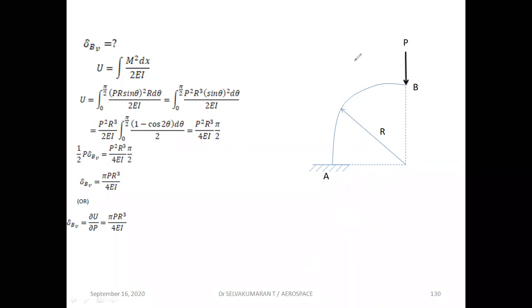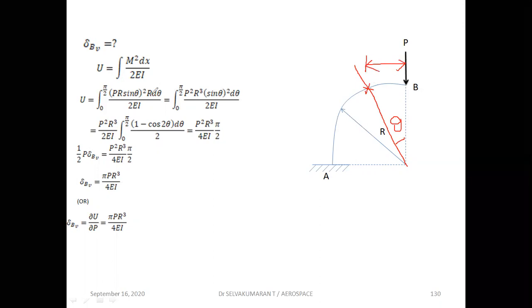Now let us consider, for example, this is R. If I consider a section like this, and this is my theta, and if I take a moment with respect to this, this distance will be R sine theta.